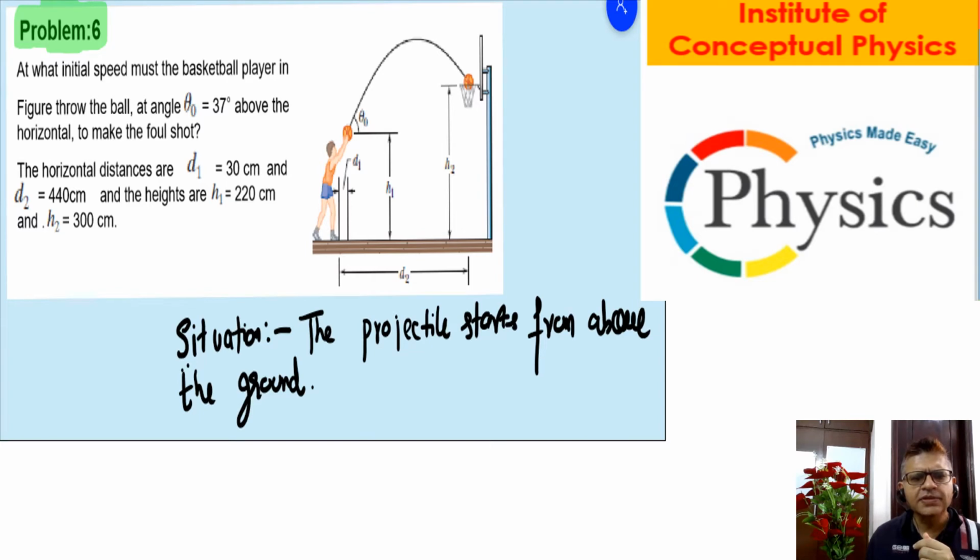So you can see that as the height, right? This is the height which we are referring to. And the height of the basket is h2. This is h2. And there are two other things which are given to you in this problem.